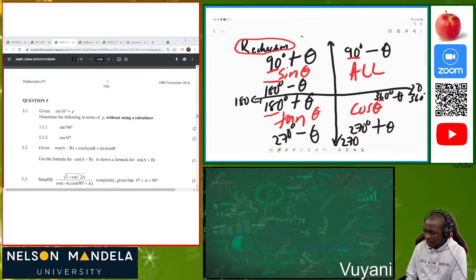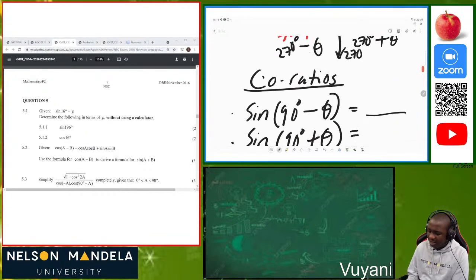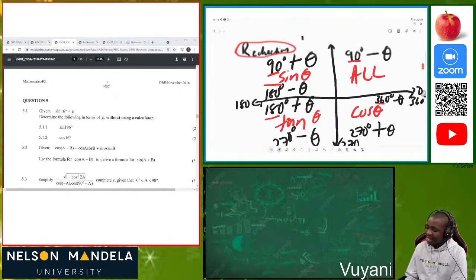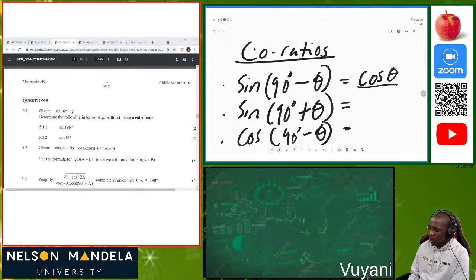Where is 90 degrees minus theta? 90 degrees minus theta is in the first quadrant. And now we look at the trig ratio which we are given. Is sine of 90 degrees minus theta positive in the first quadrant? Yes, it is positive. So its co-ratio is going to be positive cos of theta. So these ones are co-ratios because they are equivalent.